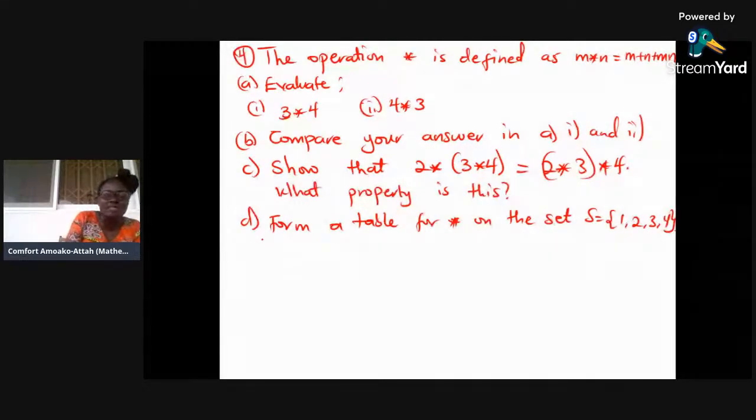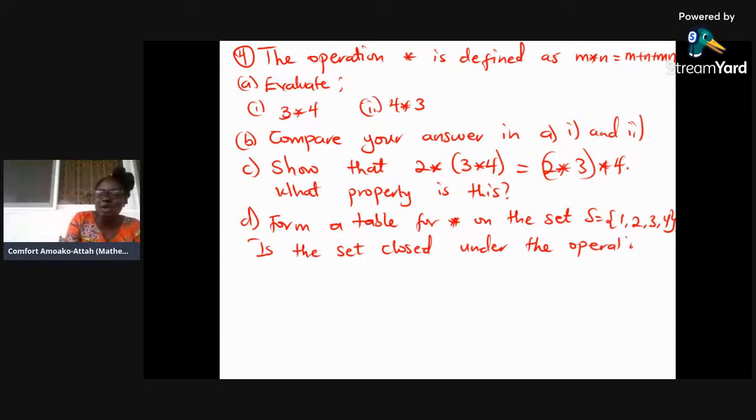The question under it is: is the set closed under the operation? Good. So that is our question. So how do we tackle this question? Should we meet this question in our WASSCE?